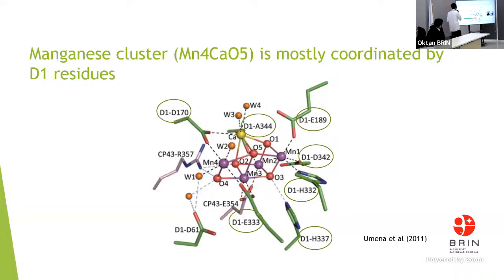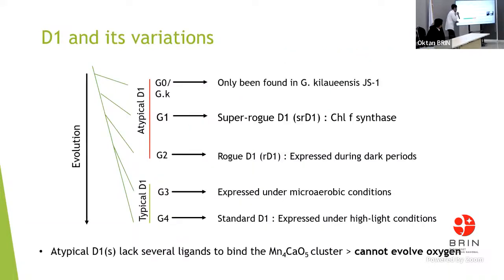Next slide, please. So, from an evolutionary perspective, D1 can be separated into 2 groups, the typical and atypical D1, which also form different groups. The typical is the standard D1 protein that evolves oxygen and works in photosynthesis. The atypical D1 lacks the ligands that bind the manganese cluster, and presumably it doesn't evolve oxygen.